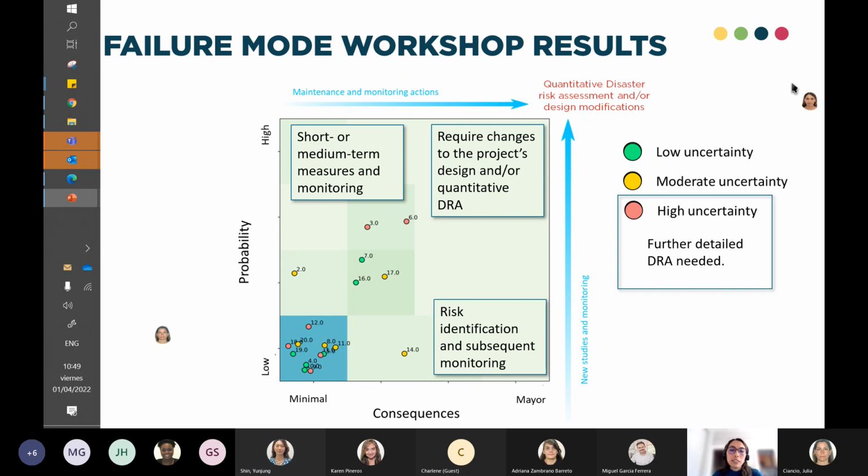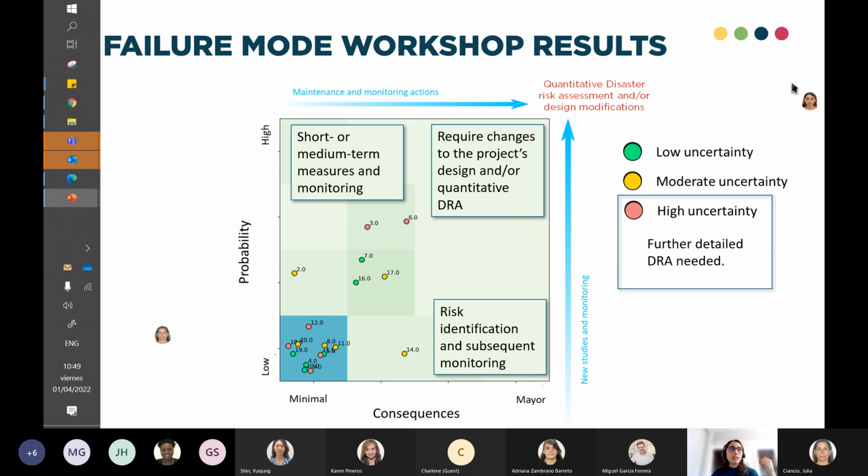Yes, it means more like uncertainty of the failure mode in general. If the experts are not very sure whether one of the infrastructure elements is going to be strong enough, or you don't have a lot of information.